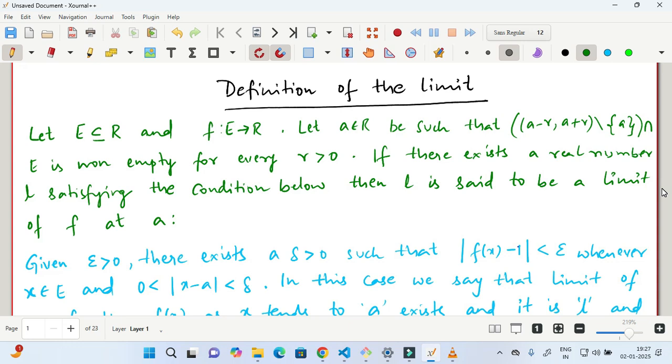So he's saying: let E be a subset of R and f from E to R. So f from E to R denotes that E is the domain and R is the range. And he's saying that a belongs to R, so a small letter a belongs to R such that the intersection of (a minus r, a plus r) minus {a} with E is non-empty for every r greater than 0.